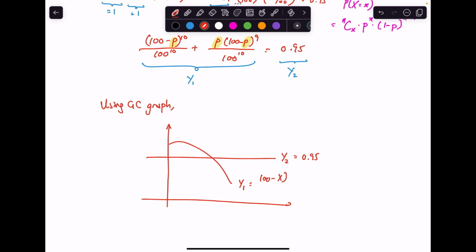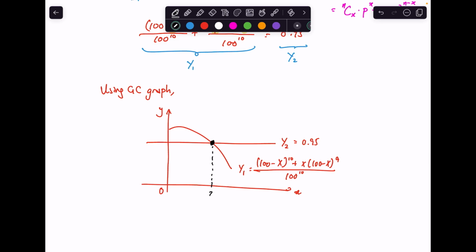It's (100 minus x) to the power of 10 plus x times (100 minus x) to the power of 9, whole thing over 100 to the power of 10. So now we just need to look at this intersection. At this intersection, that will be the P.